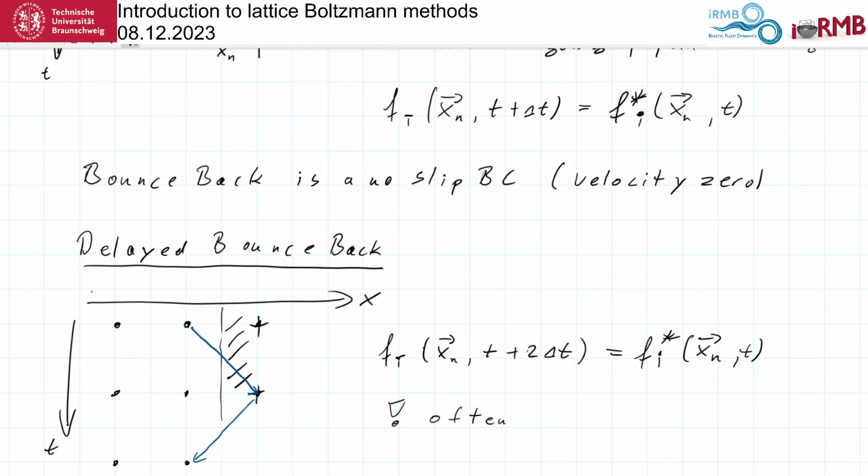This way of doing the bounce back is much more stable than the other one, and this has to do with high frequency oscillations. Yeah? So this one will cancel high frequency oscillations, while the other one will amplify them, and this makes it unstable, while this here is stable. Yeah? So this is why we use the delay.